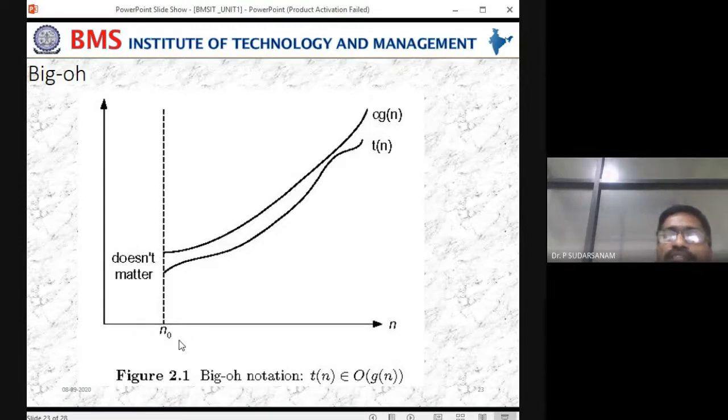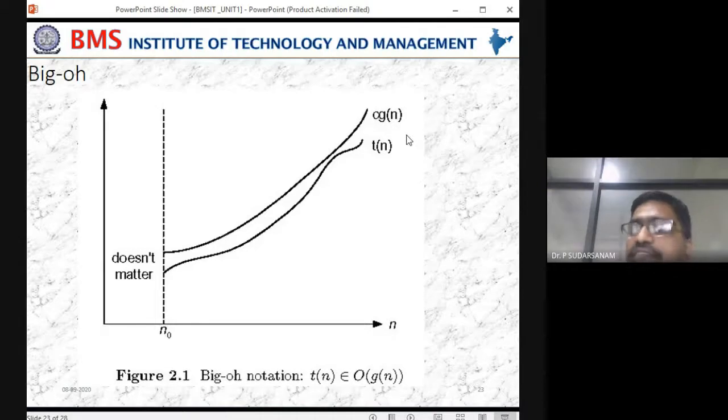Now see, by seeing this diagram only we are saying a function. If you are telling this one, this is called an entire function. If you say that it belongs to order of g of n, how you will define it based on this diagram is that it is denoted t of n belongs to order of g of n. So the order of growth, how to write it? t of n is less than or equal to the order of growth of g of n.